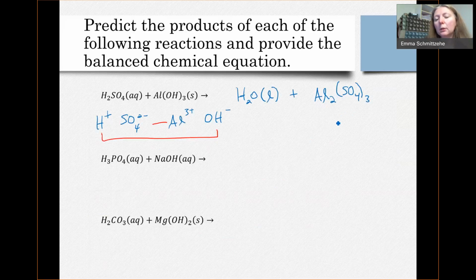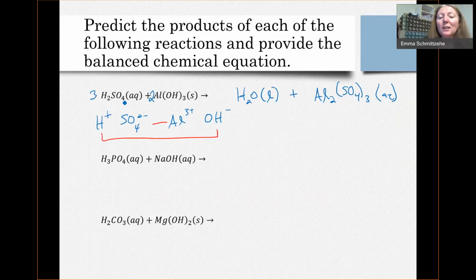So you look at the solubility rules, it'll tell you sulfates are usually soluble, and aluminum is not one of the exceptions, so we would label it as aqueous. And then you can balance the reaction. You would need 2 aluminum hydroxides because there's 2 aluminums. You need 3 of the sulfuric acids because there's 3 of the sulfates. And then if you focus on either the H plus or the OH minus, it'll tell you how many waters.